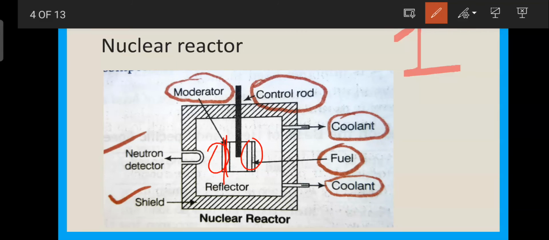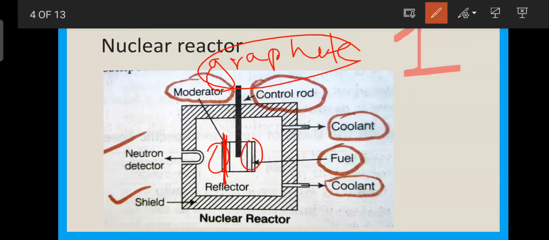The moderator is placed in between the fuel rods to moderate our process of very high energy production, and is generally made up of graphite.